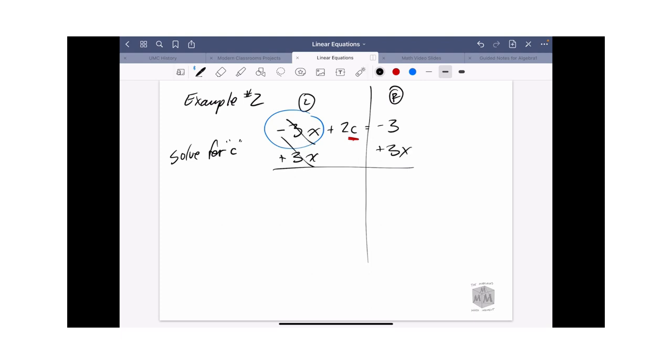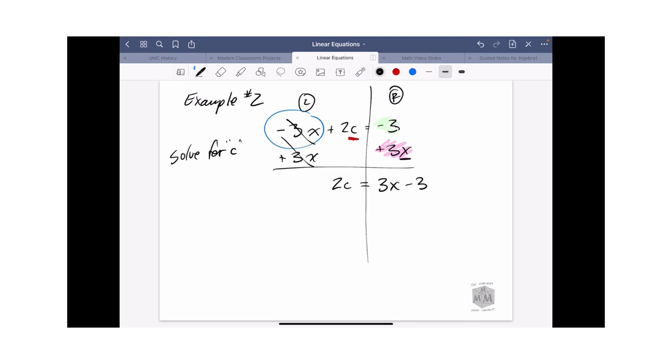Any number minus itself is 0, so I have 2c equals. Now, these two guys here, I have negative 3, and I have positive 3x. This does not have a variable attached to it, so it's just a constant. This does have a variable. So these are two different types of terms. I cannot combine them.